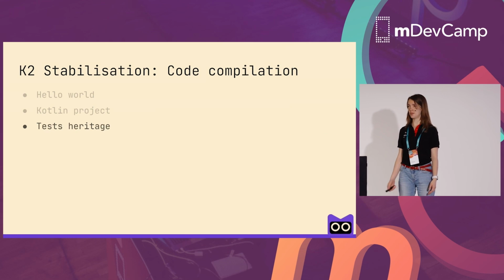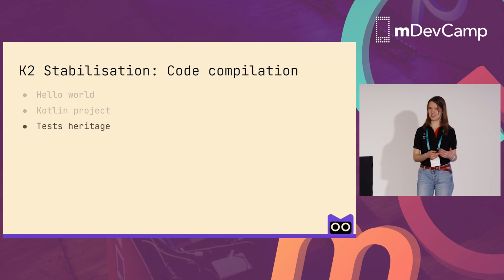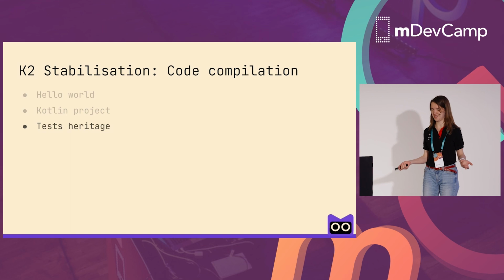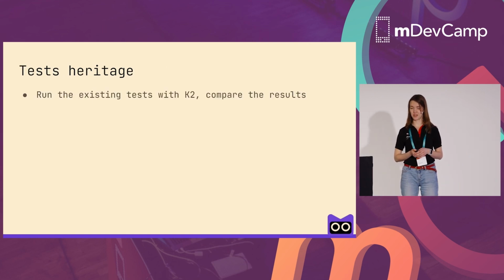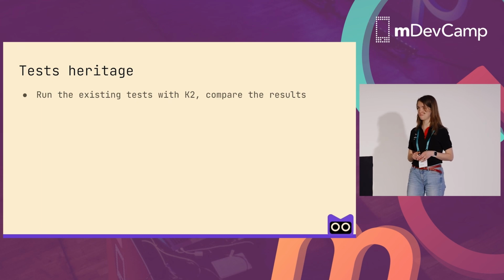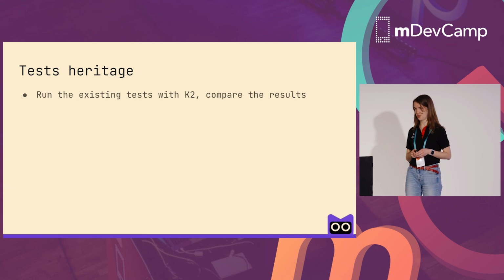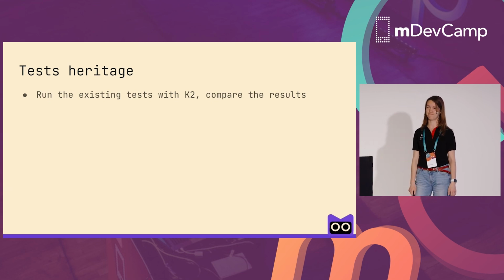Next, we have tests. We all have tests, right? And this is a natural thing to rely on when you are doing some refactoring. Why don't we just take all the tests and migrate those to K2, or run those with the new K2 compiler, watch results, compare those, fix, that's it, we're done, moving forward.